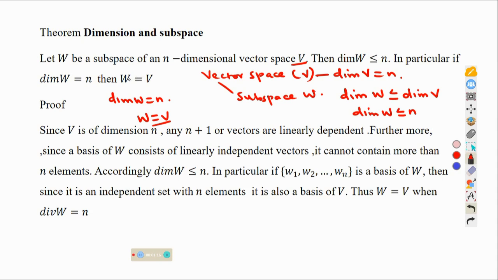So if the two have the same dimensions, then it means the two are also equal. That is the subspace and the vector space. So we can easily prove that.